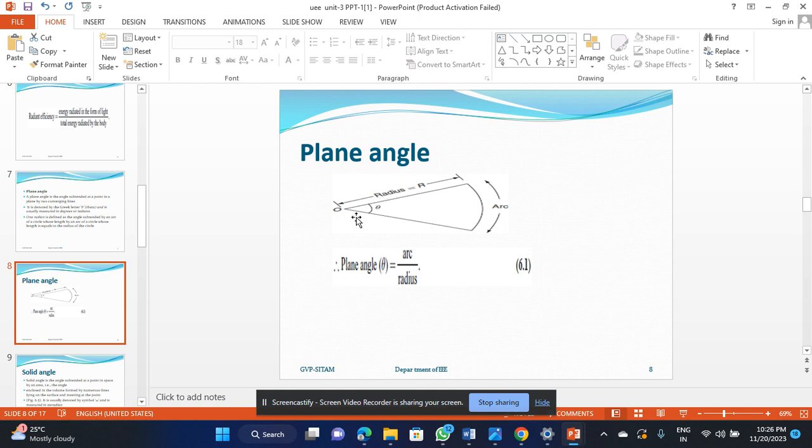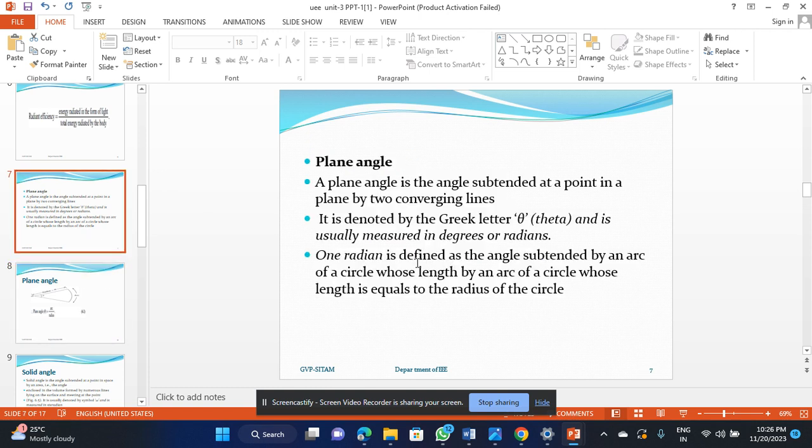From the source up to this level, the radius I am considering is r, and I draw a curve, so it forms an arc, which makes an angle theta. This is called the plane angle theta. You can calculate it using the formula arc per radius. The unit for the plane angle is radians.